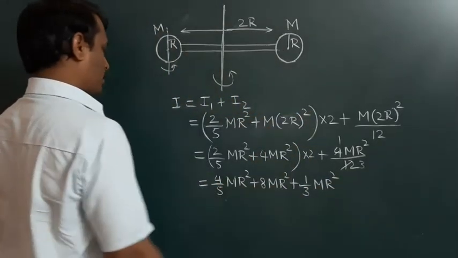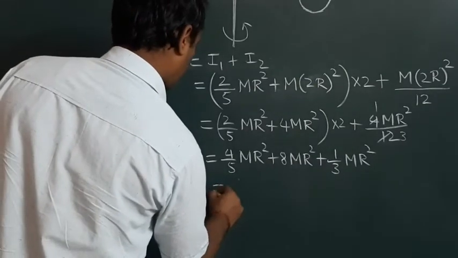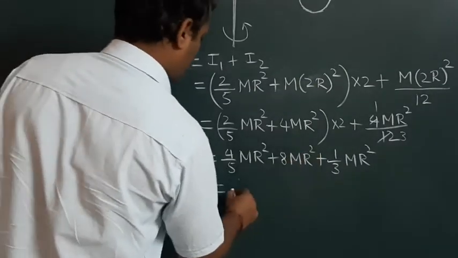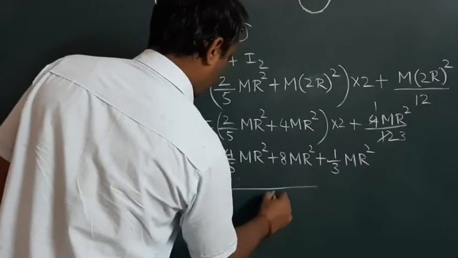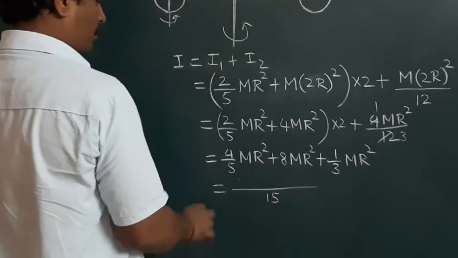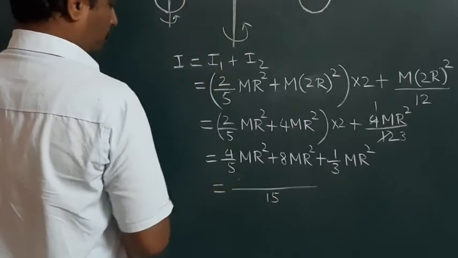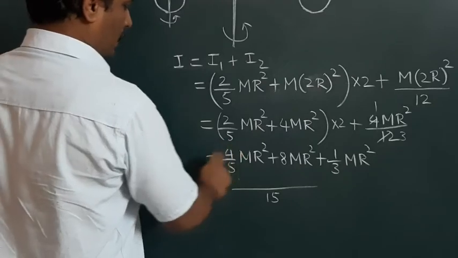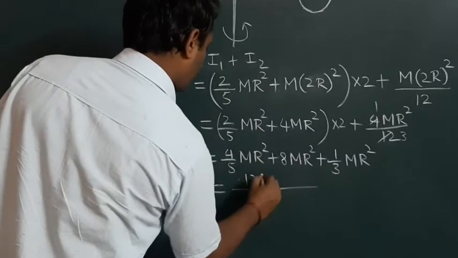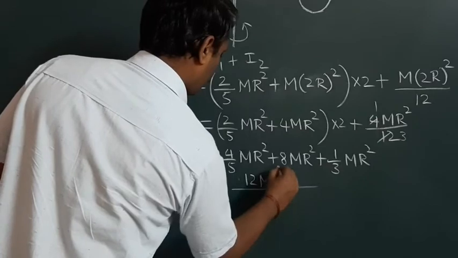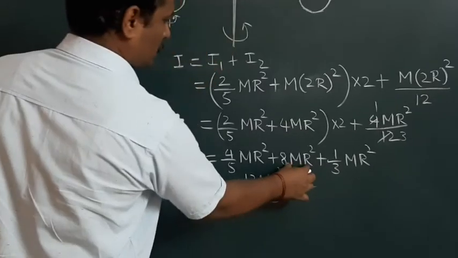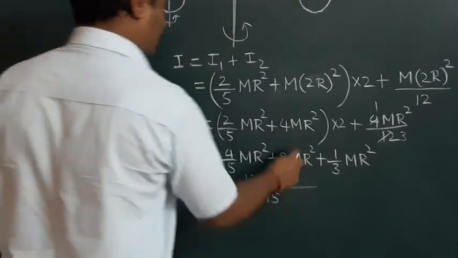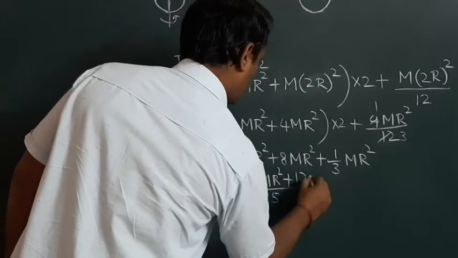Now simplify this. Here the LCM will be 15. Multiplying the first term by 3, it becomes 12 mr square. Plus this has to be multiplied with 15, then 120 mr square.